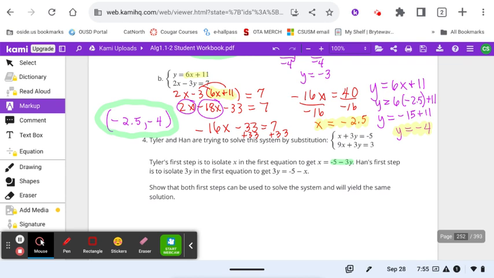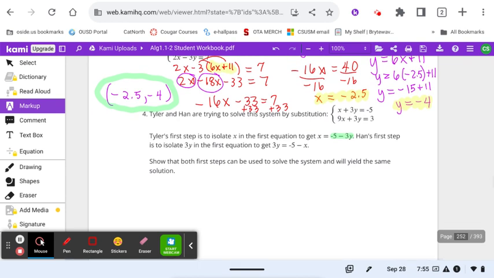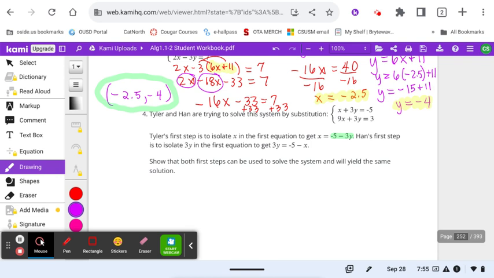And so basically, both of these students are doing the right method, but one is choosing to solve for the x and one is choosing to solve for the y. So if I'm going with x plus 3y equals -5, one student decided to do -3y's to both sides and to isolate the x.